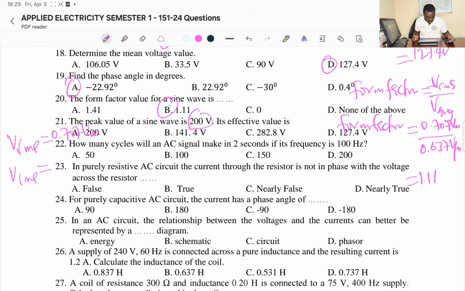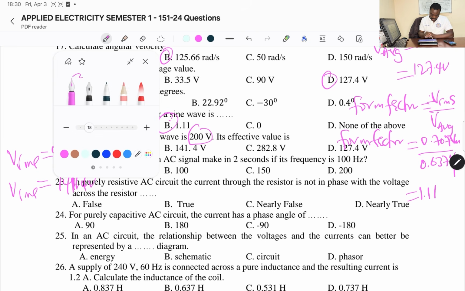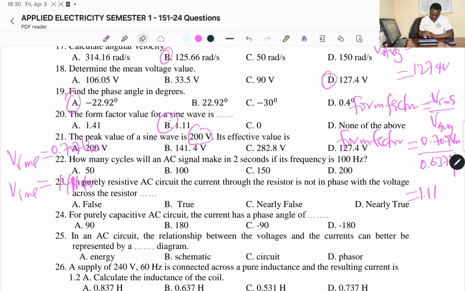That gives us 141.4 volts. Right? The answer for question 21 here is going to be B.